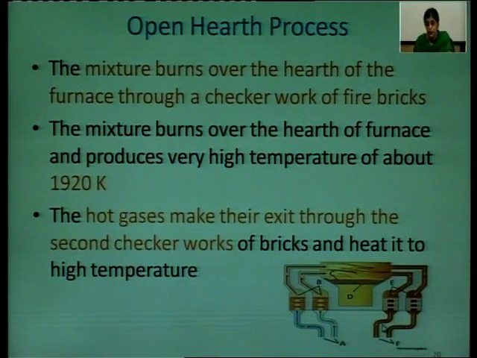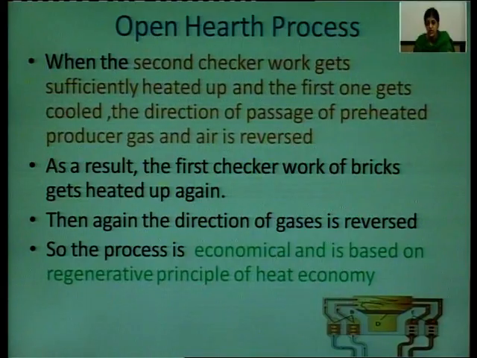Now, when the second checker work gets sufficiently heated up and the first one gets cooled, the direction of passage of preheated producer gas and air is reversed. What do we mean by it? The hot gases are coming from here, passing over the hearth, melting down the charge and moving into the second checker work.